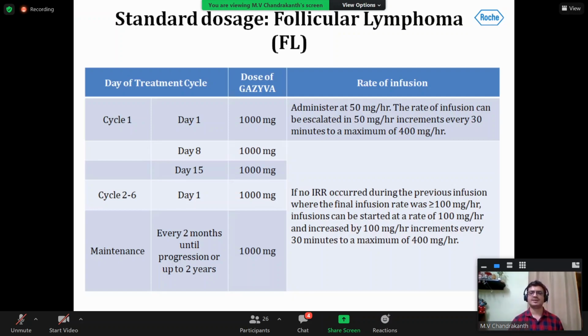So very clear, in CLL, we break into 100 and 900 on day 1 and day 2 because of higher incidences of infusion related reactions, whereas in follicular lymphoma, it is weekly, straight 1000 milligram, day 1, day 8, day 15. And then we have monthly infusions up to 6, followed by every 2 monthly for 2 years.